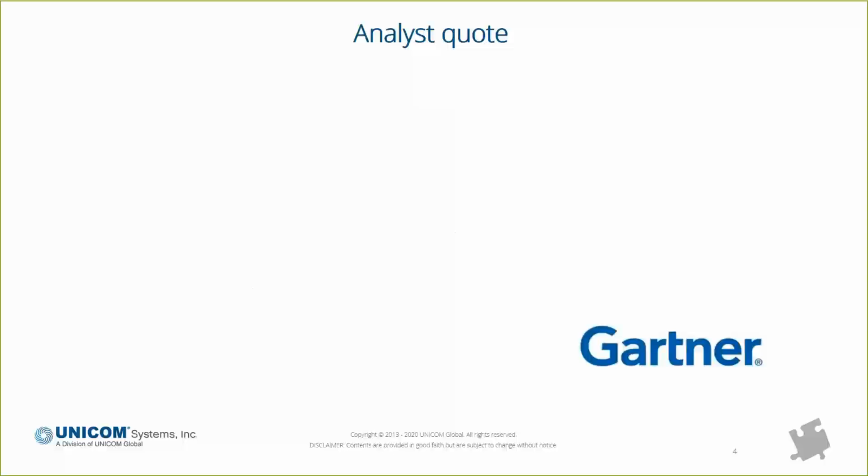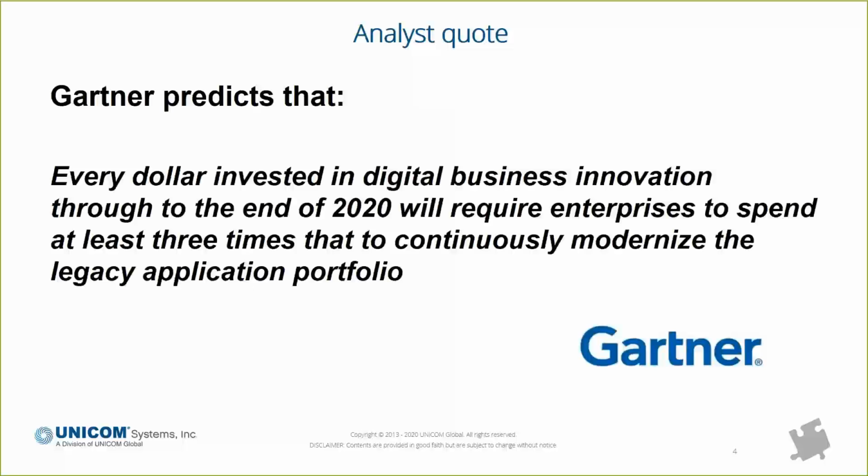This quote from Gartner is very interesting and shows one of the issues with holding on to static legacy applications: you will need to spend more on modernizing the legacy application than you will on a new technology. If these are static applications, is that a good way to spend your money?